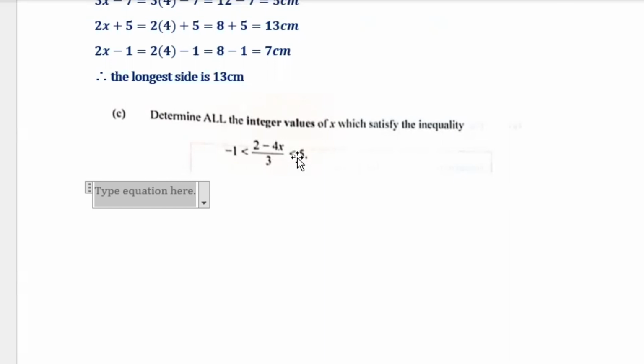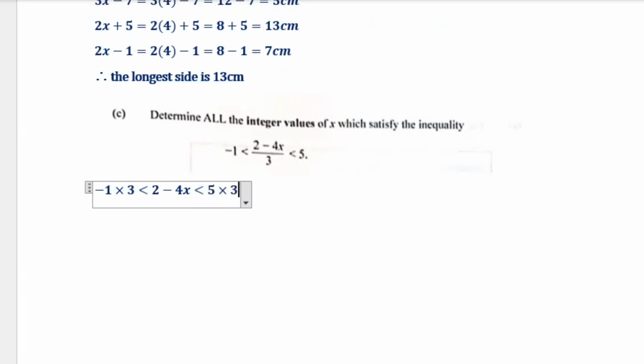So what we'll have is -1 being multiplied by 3. Then we have our less than sign. So what will remain there would be 2 minus 4x, and then less than sign, and 5 multiplied by 3.